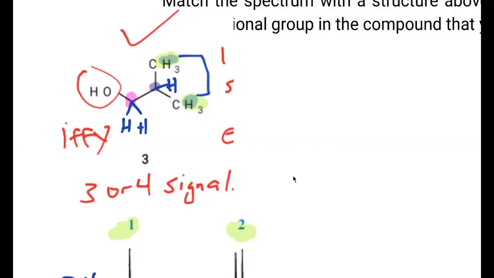And so that CH3 is going to split with that. If we do the N+1 rule for that CH3, N equals 1, and then N+1 is going to be 2. So that's going to be a doublet. Is that right? Because you're looking at these hydrogens, and on the carbon next door to those hydrogens, right here, there's 1 hydrogen.